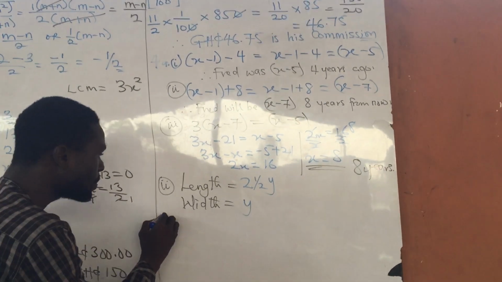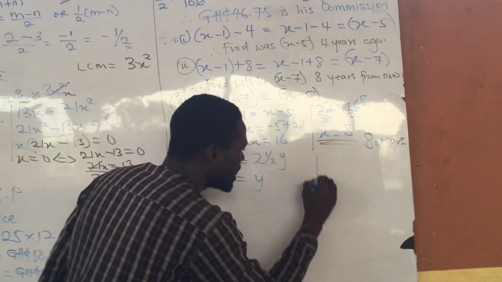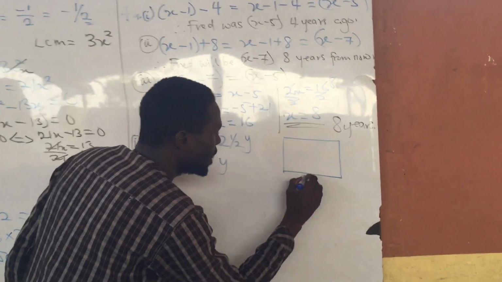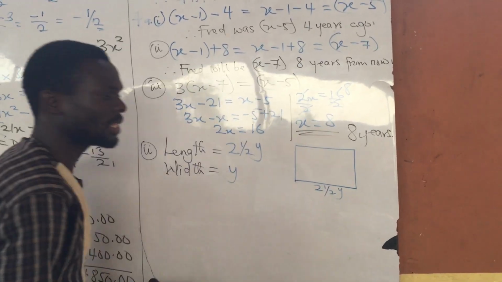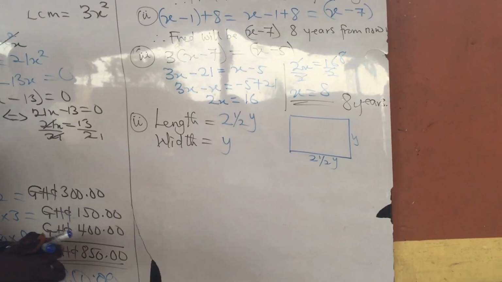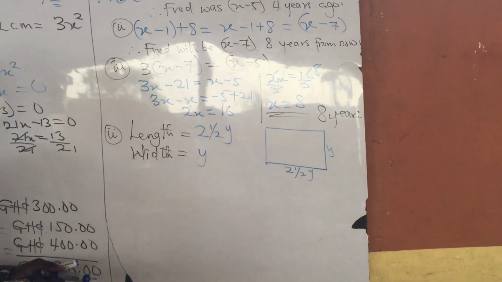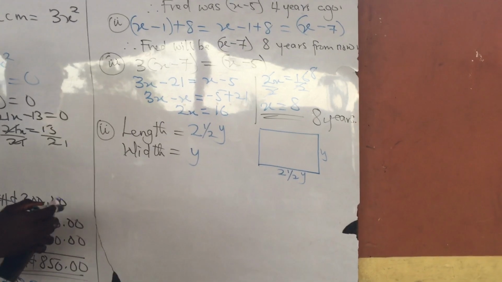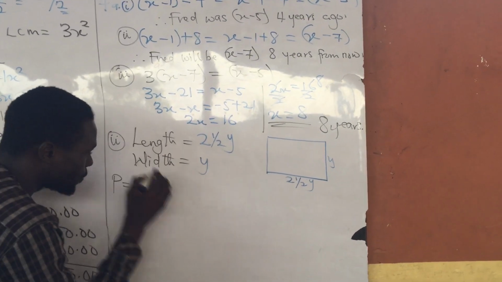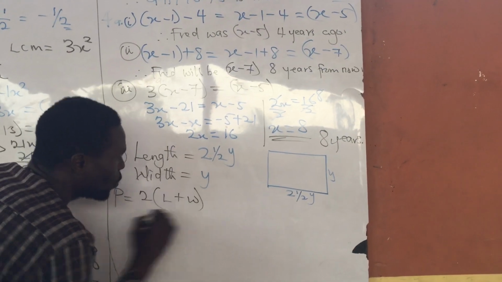Now you have your rectangular shape. Your length is 2.5 times the width, and you have the width as y. And you were told that the perimeter is 497. How do you calculate the perimeter? Perimeter is given as 2 brackets of the length plus the width.